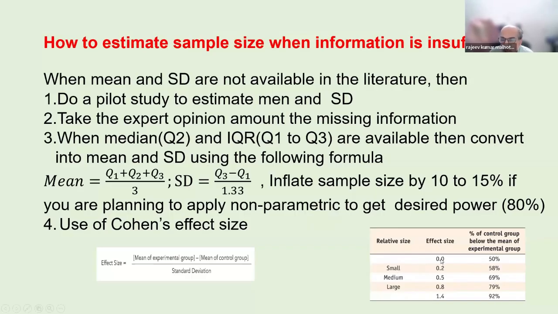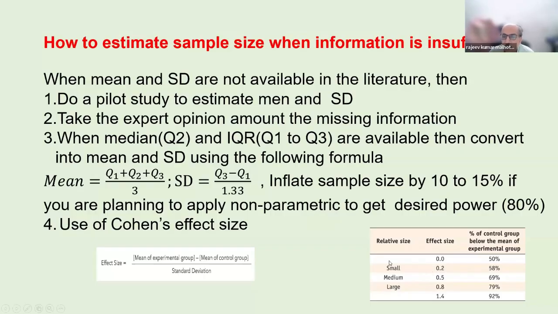So if you are taking a small effect size, your sample size will be large. If you are taking a medium effect size, your sample size is smaller than for small. If you are taking a large effect size, then your sample size is smaller than for medium. So as you increase your effect size, your sample size will be small. I am repeating: for a small effect size, you require a large sample size.